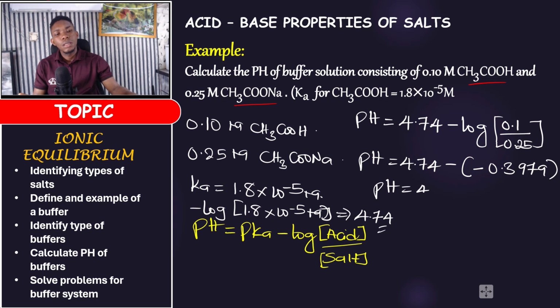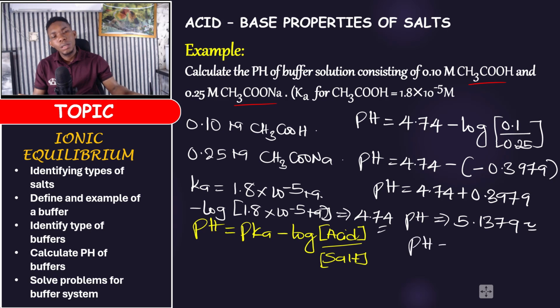So pH will be 4.74 plus 0.3979, which is 5.14, approximately, or 5.1379, which approximates to 5.14. Is that okay? So that is the pH of the solution, 5.14.